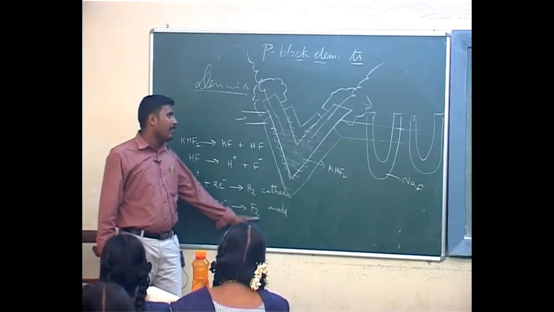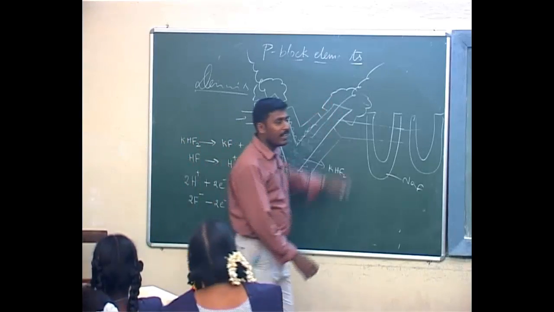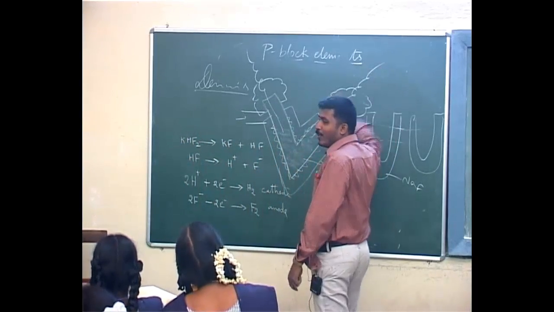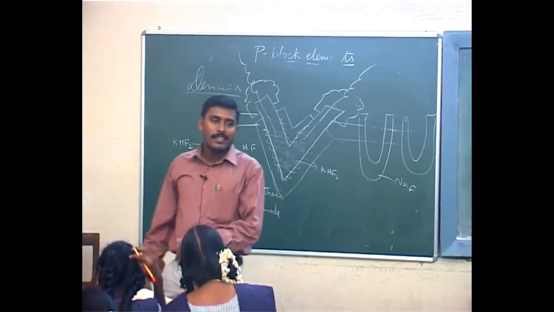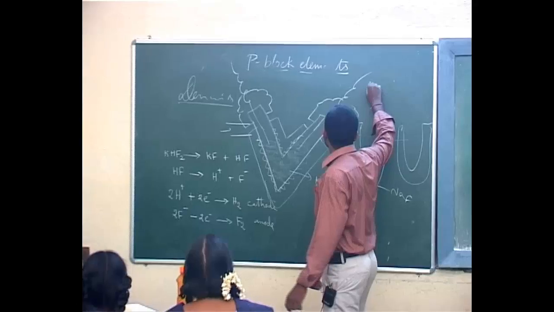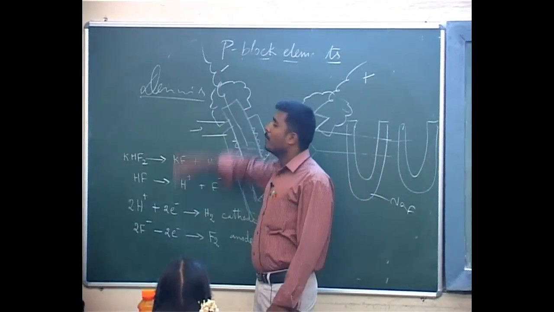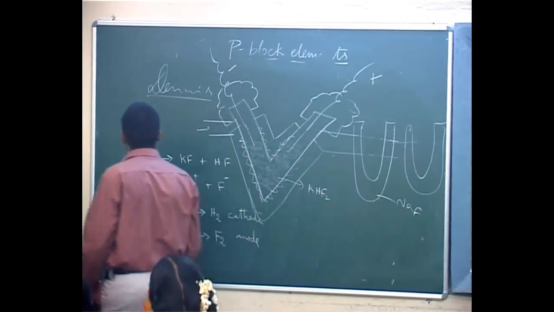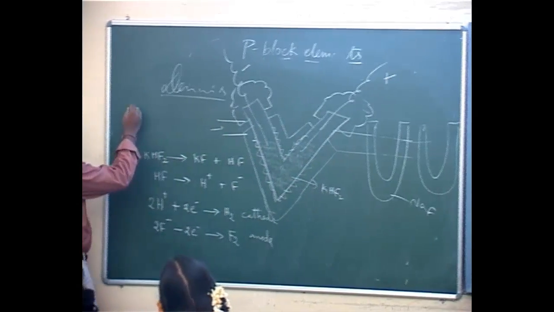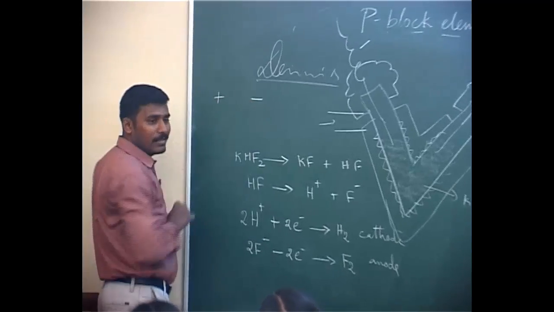Now fluorine is liberated where? In anode. Anode means plus or minus? Anode means plus. Cathode means minus. Only 2 things you have to remember. Plus and minus.